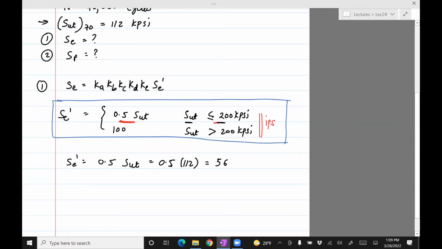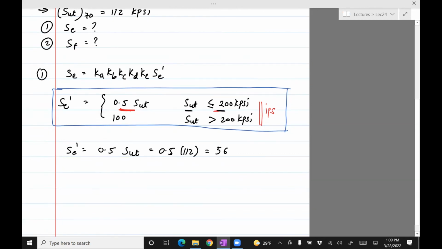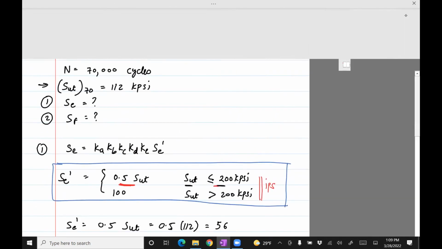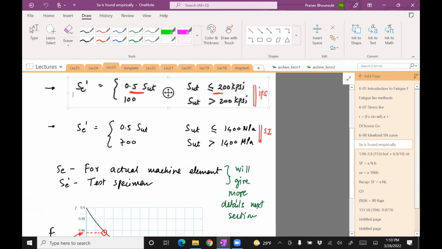Now let's get to KA, KB, KC, KD, and KE. We again go to this handout I gave.